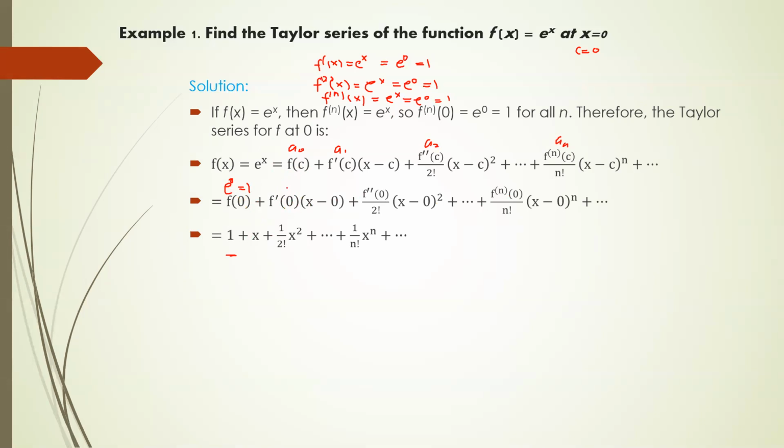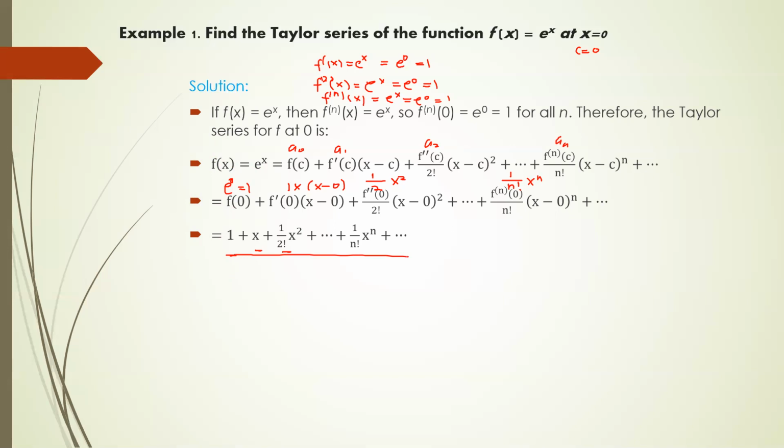So it's 1 times (x minus 0), which is x. Then the second term, f double prime(0) divided by factorial of 2, is 1 divided by 2 times x squared, right? And finally, f^(n)(0) is 1 divided by factorial of n times x^n. So basically we found that f(x), which is e to x, can be approximated by this power series.